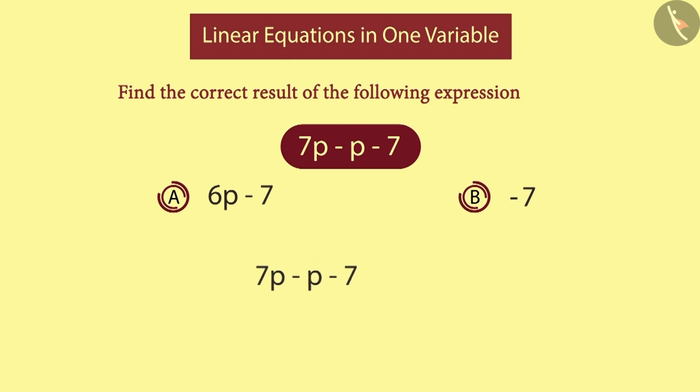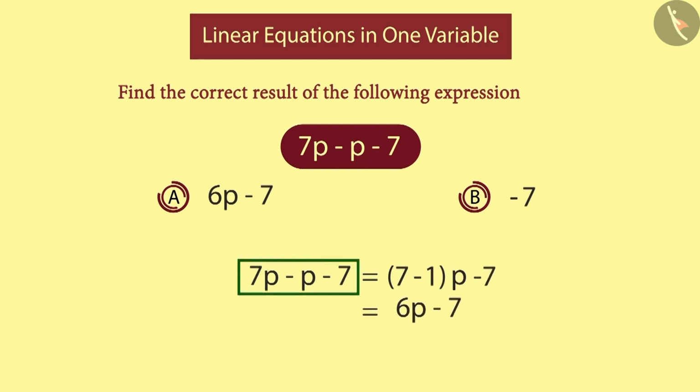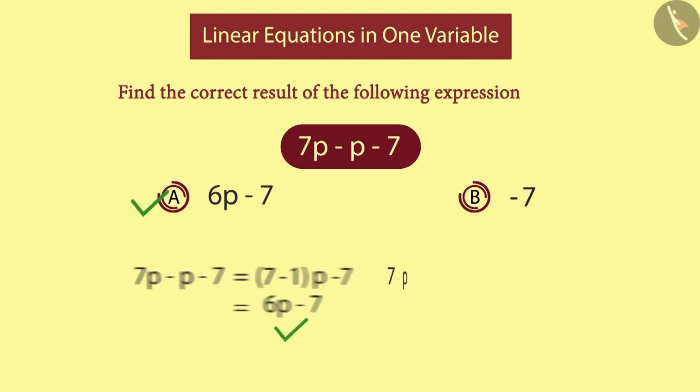When we do this, we can consider p being always present and write its coefficient as 7 minus 1. So, the correct answer would be 7 minus 1 multiplied by p minus 7, which is 6p minus 7. Because there is no other number in the expression, 7 will remain as it is. Hence, the correct option is A.